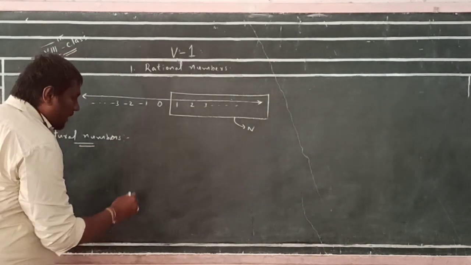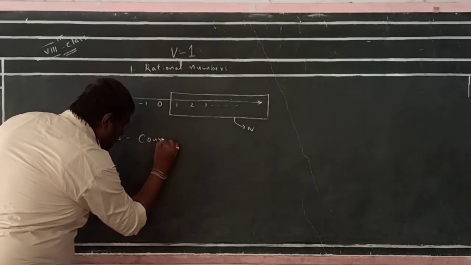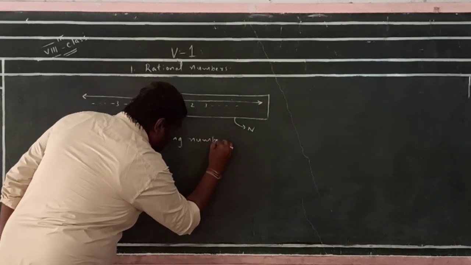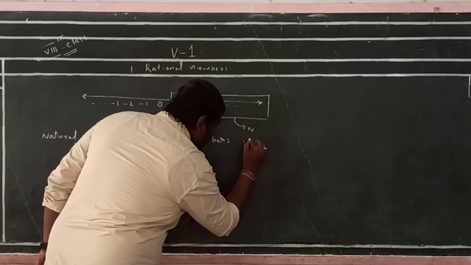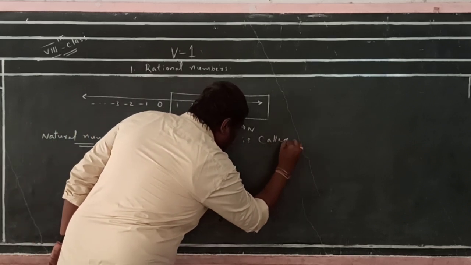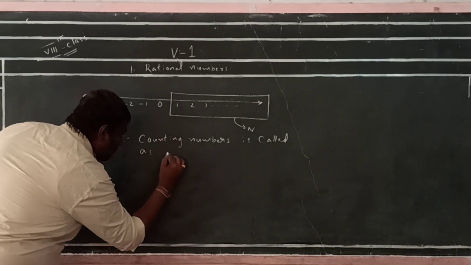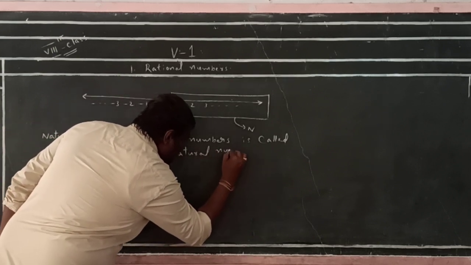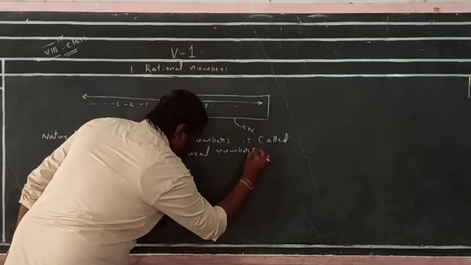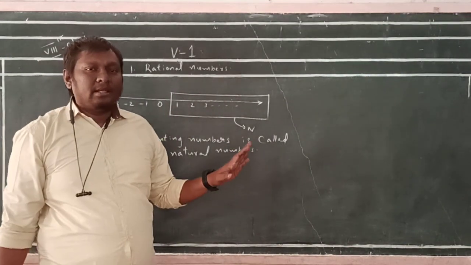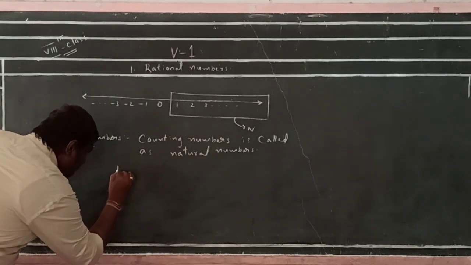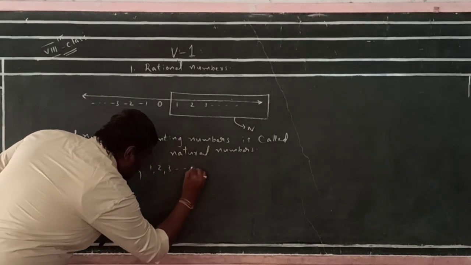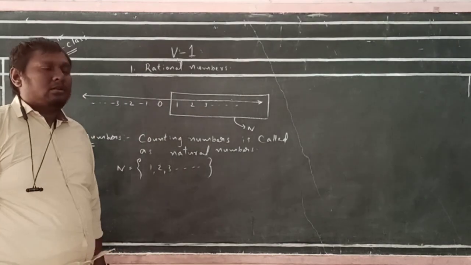Counting numbers are called natural numbers. Natural numbers are denoted by N. Okay, clear?